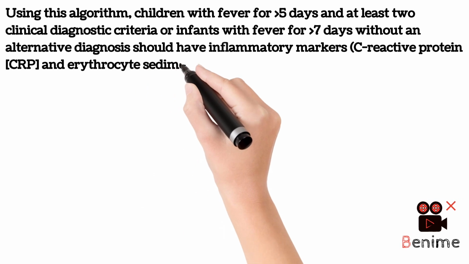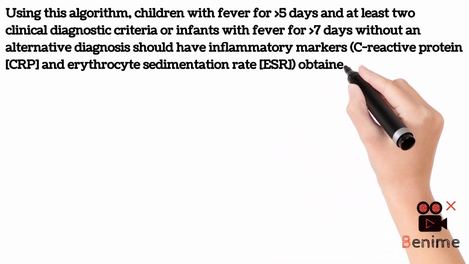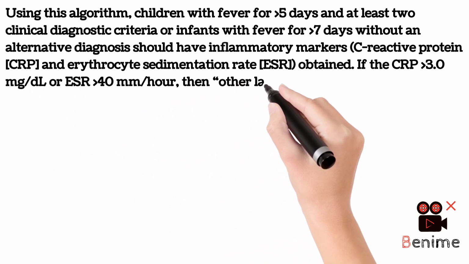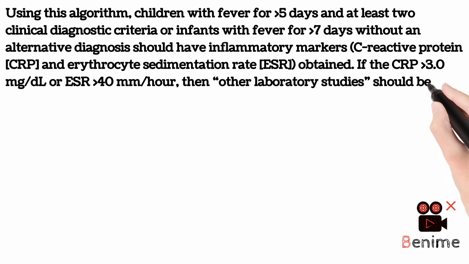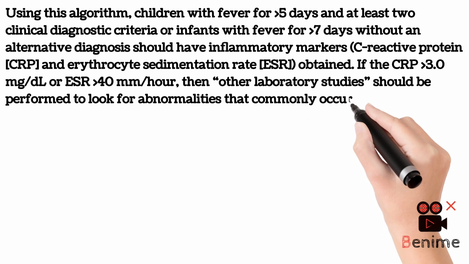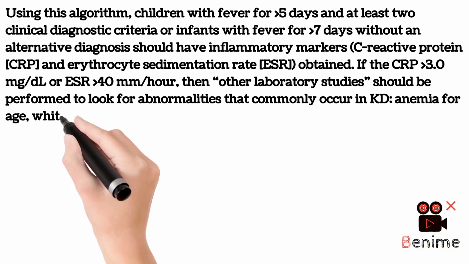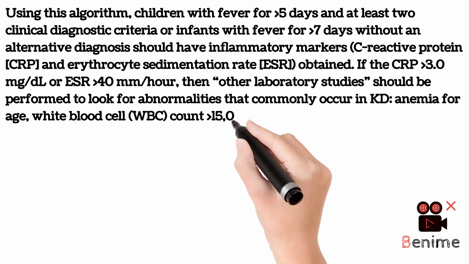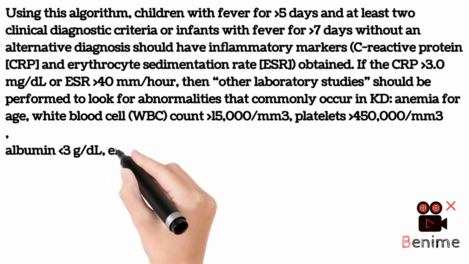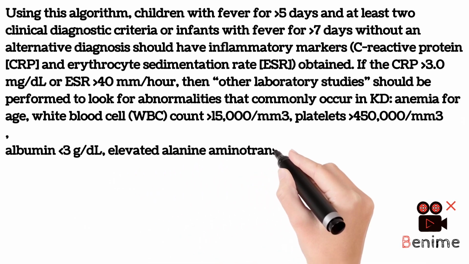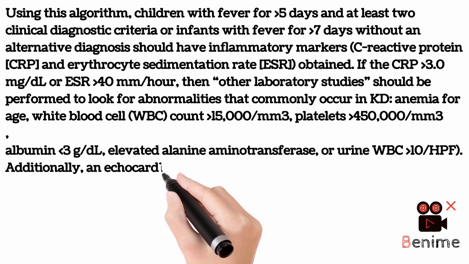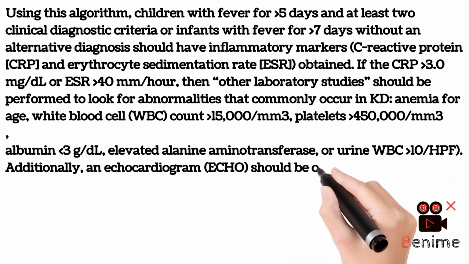If the CRP is greater than 3.0 mg per deciliter or ESR greater than 40 mm per hour, then other laboratory studies should be performed to look for abnormalities that commonly occur in KD: anemia for age, white blood cell WBC count greater than 15,000 per mm3, platelets greater than 450,000 per mm3, albumin less than 3 grams per deciliter, elevated alanine aminotransferase, or urine WBC greater than 10 per HPF.